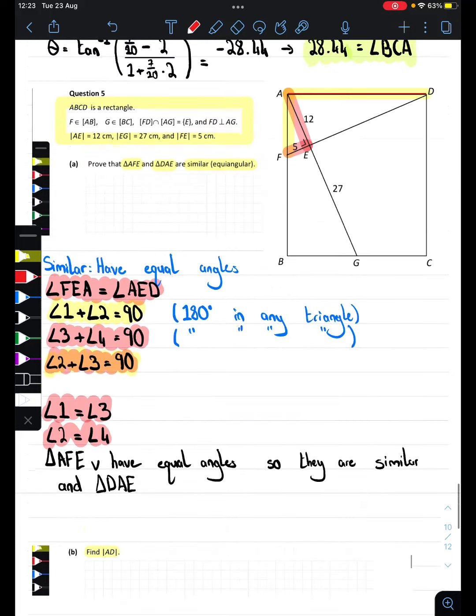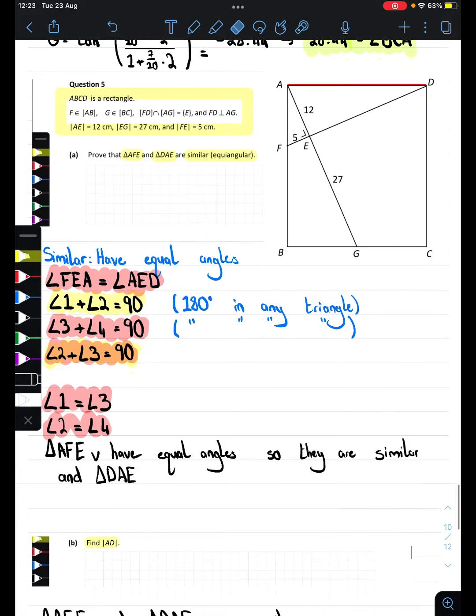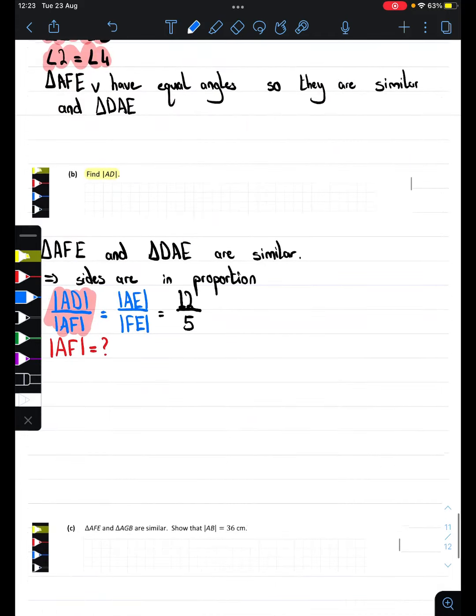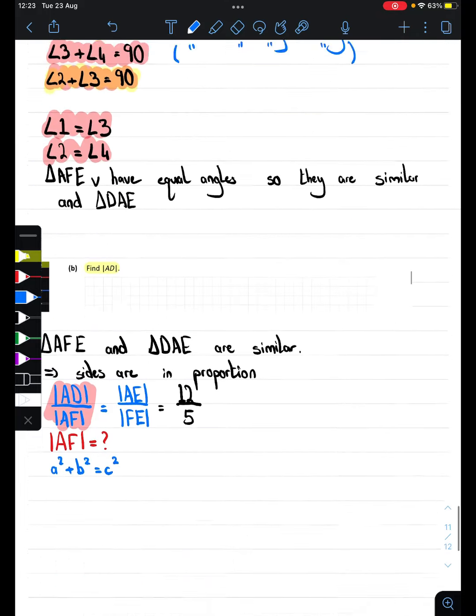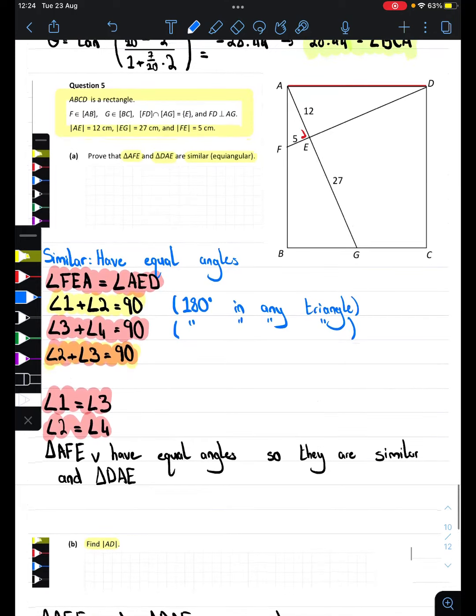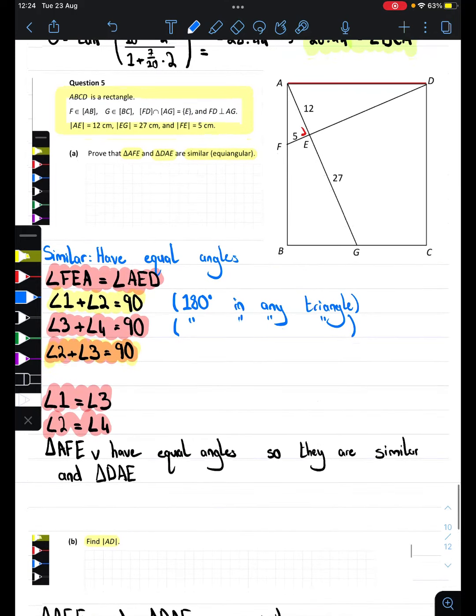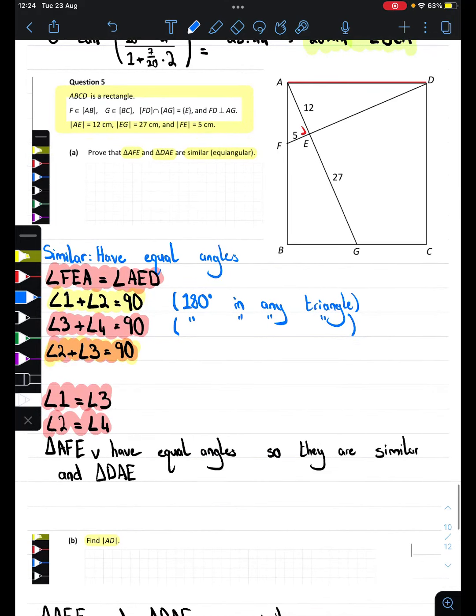Well, what we do have here is that AFE is a right angle triangle. So we should immediately be thinking of Pythagoras' theorem, a squared plus b squared equals c squared, where c is the hypotenuse and a and b are the other two sides.